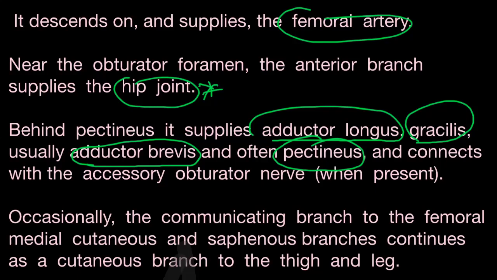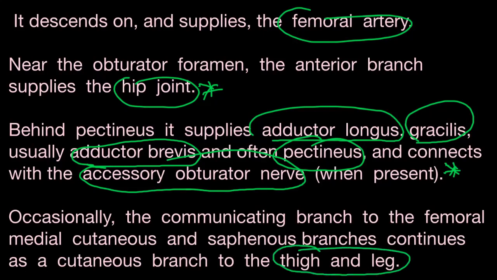So all the muscles in front of it, adductor longus, pectineus, gracilis, and brevis, and connects with accessory obturator nerve. It is not present every time. Occasionally, the communicating branch to the femoral, medial cutaneous, and saphenous branches continues as cutaneous branch to the thigh and leg, the subsartorial plexus.